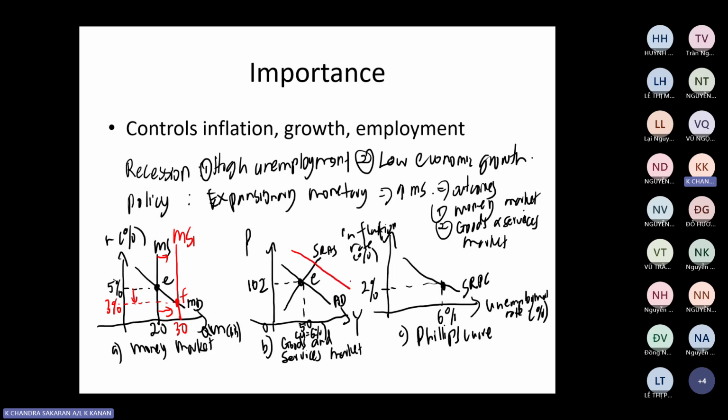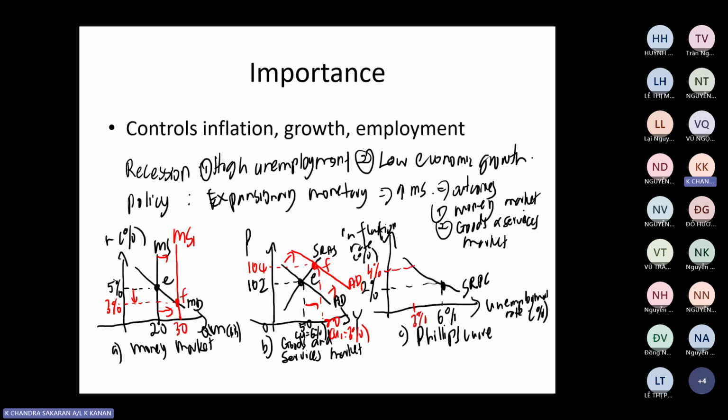So aggregate demand increases. So what happens when more spending happening in the economy? There will be more people buying, means price will go up 4%. 104. 104 is 4%. Inflation rate is 4%. More production. Now production is, let's say, 80 billion. So unemployment, let's say 3%. Drop to 3%.